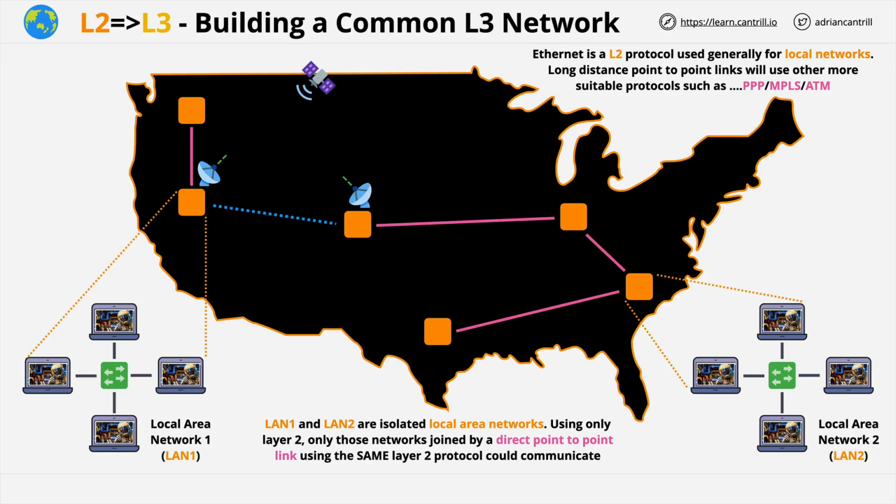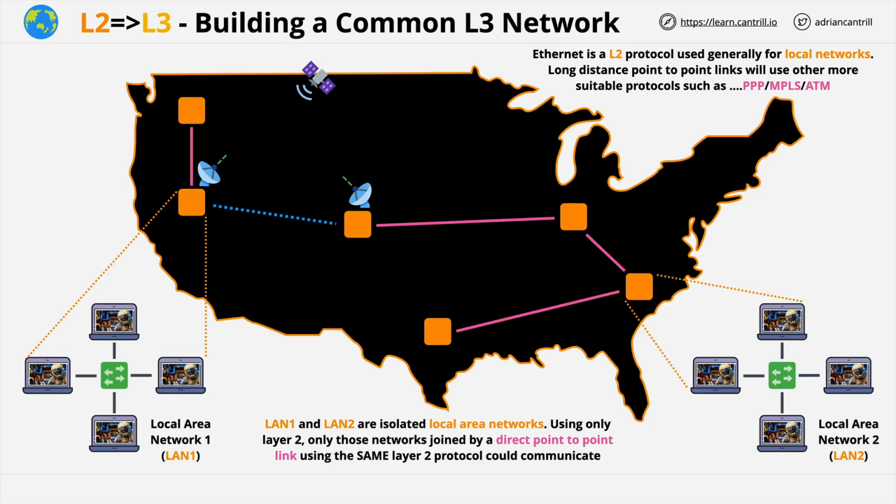Layer 2 is the layer of the OSI stack which moves frames. It moves frames from a local source to a local destination. So to move data between different local networks, which is known as internetworking, and this is where the name internet comes from, we need layer 3. Layer 3 is this common protocol which can span multiple different layer 2 networks.